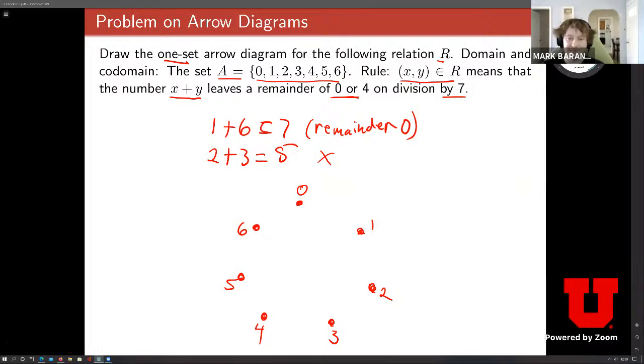Okay, so when I'm working on these, it's best to start with one element and make sure that any pair is in the relation. So for 0, which element should I pair it with to be in the relation?